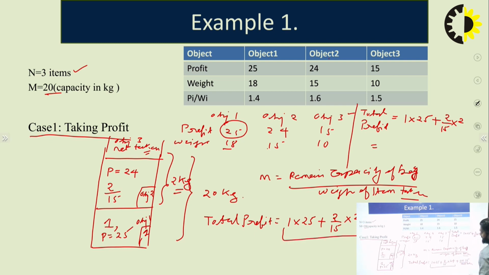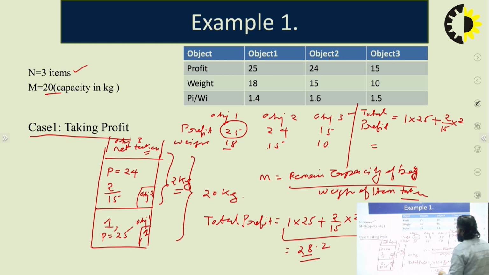The total profit, calculated, is 28.2. That's it, one case is completed.